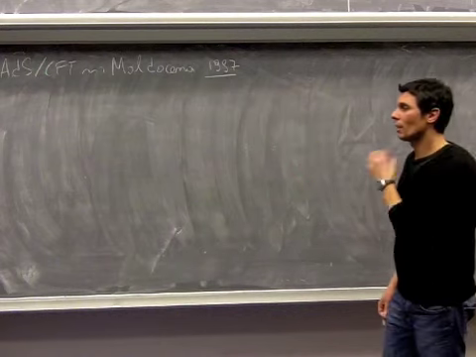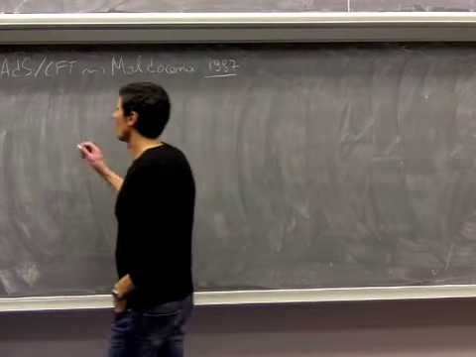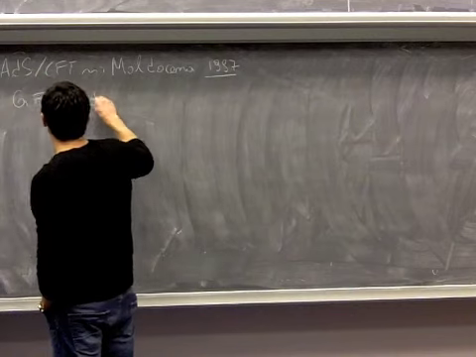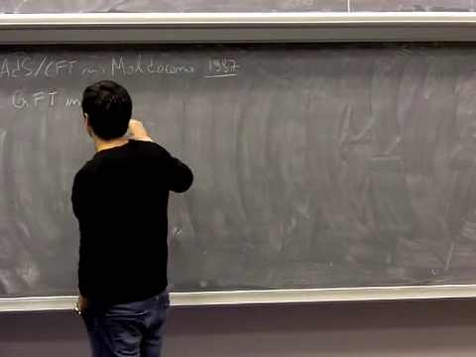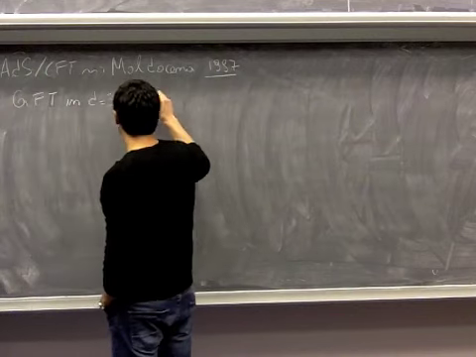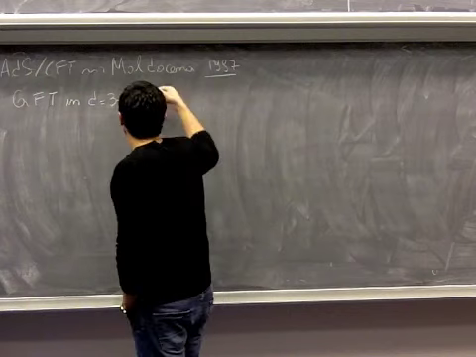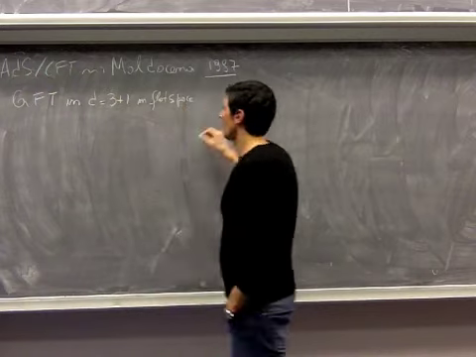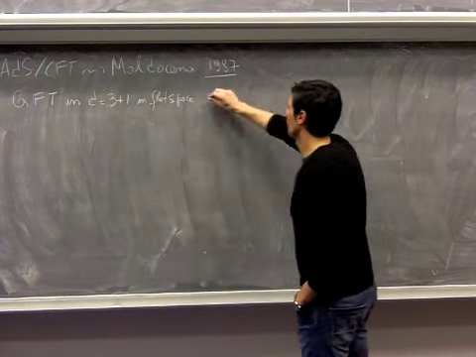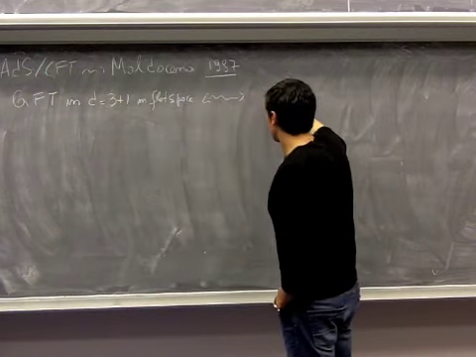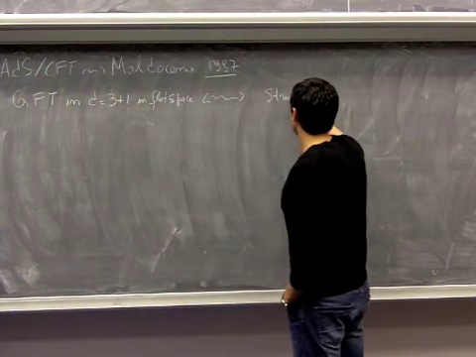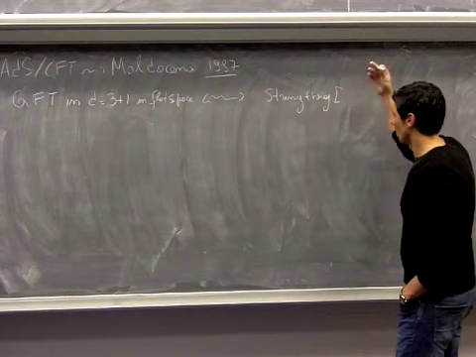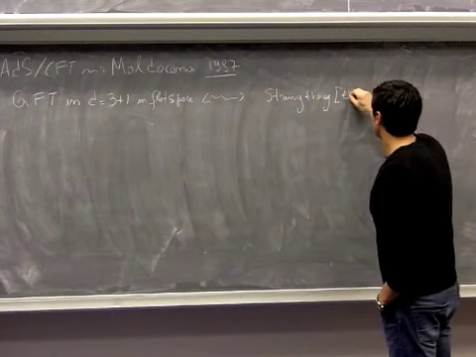So the duality is between two very different systems. One is a quantum field theory in 4 dimensions, in flat space, if you want. And the other side of this duality is string theory, a particular string theory. If you want, let me say it, a theory of gravity.